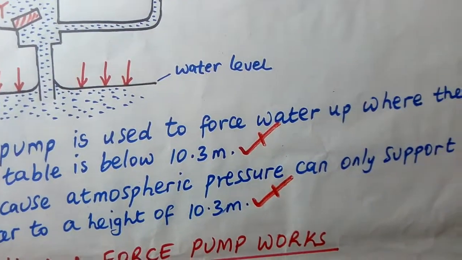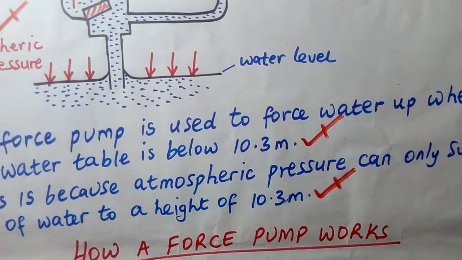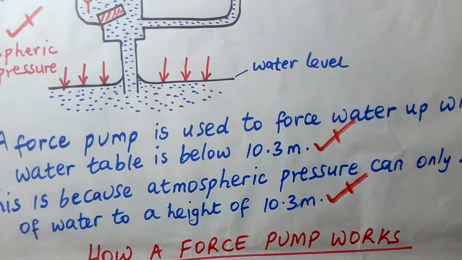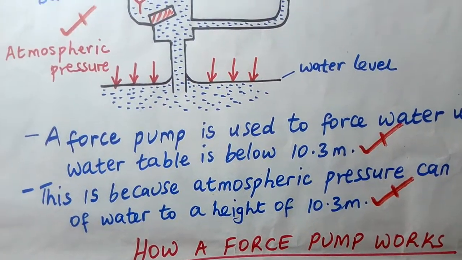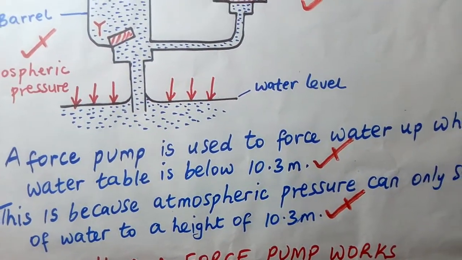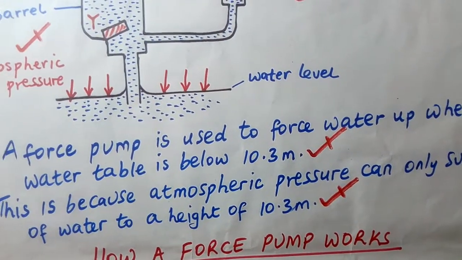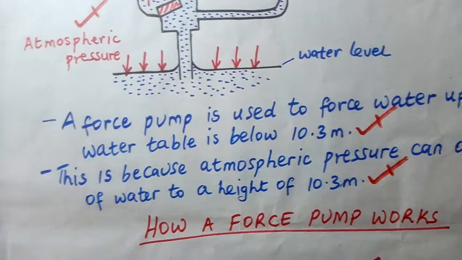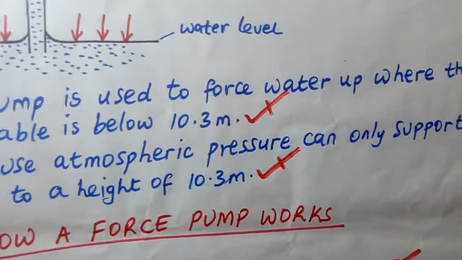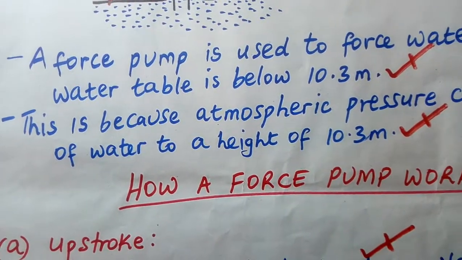So where a borehole has been sunk and you realize that the water table is below 10.3 meters, it means the borehole cannot manage to work, because a borehole depends on atmospheric pressure, and atmospheric pressure only supports a column of water up to 10.3 meters. Now that this one is below 10.3 meters, you need a force pump.